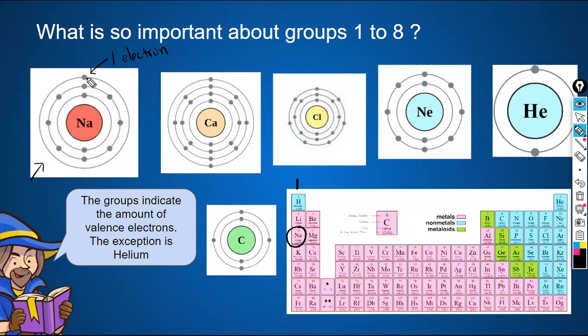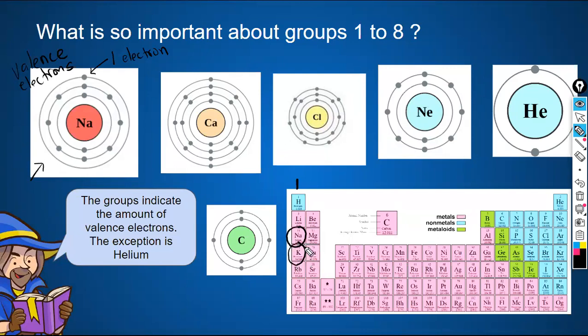The electrons on the last shell are called valence electrons. And it's no coincidence. Sodium is in group 1 because when you draw it, it would have one valence electron, one electron on its outer shell.